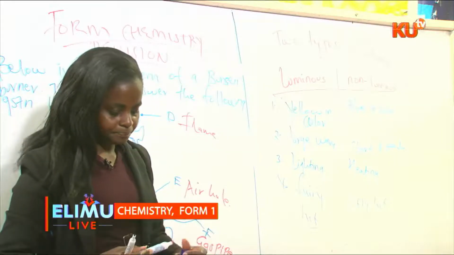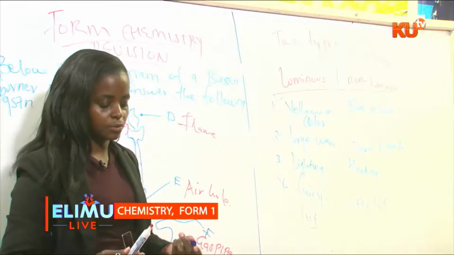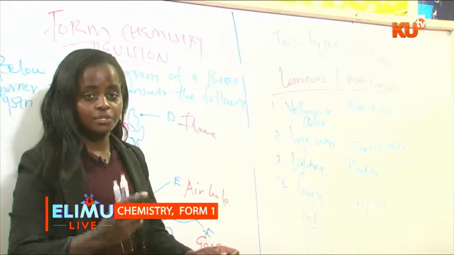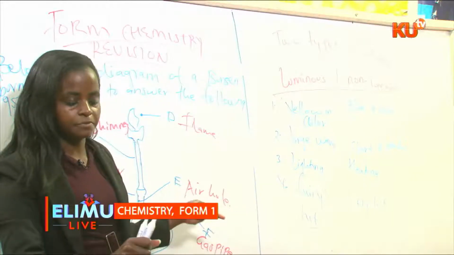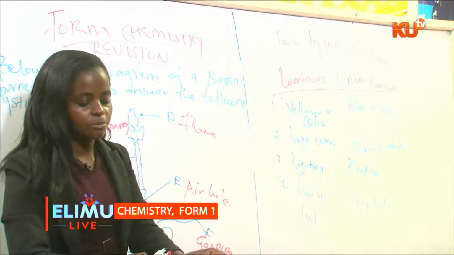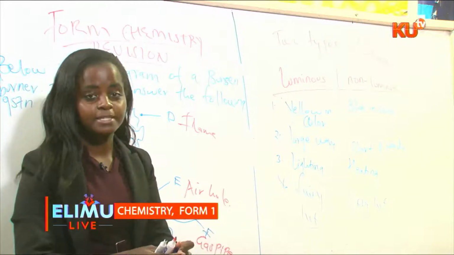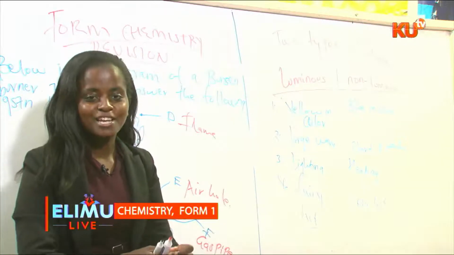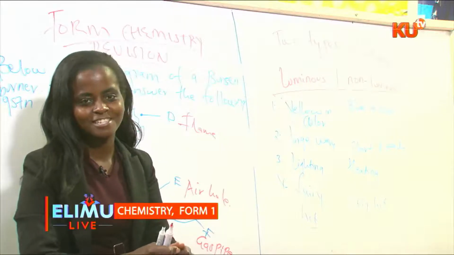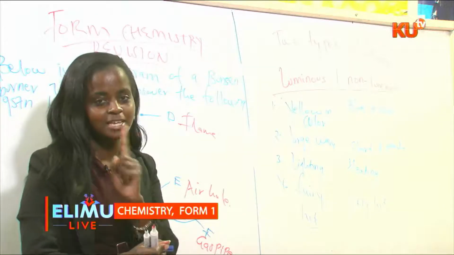Now, if you want to get additional marks when you find such a question, do not say a luminous flame is yellow while non-luminous is not. You will not get good marks, you just get 1 point.